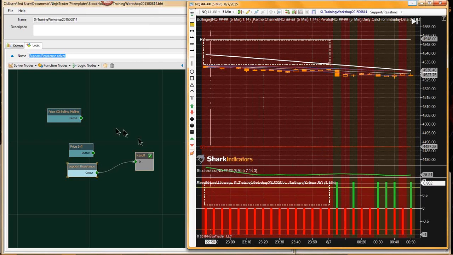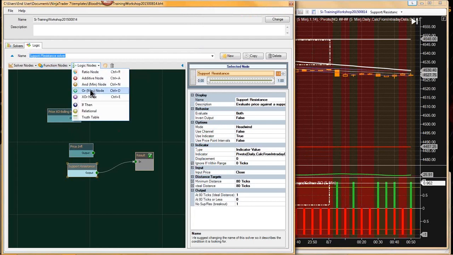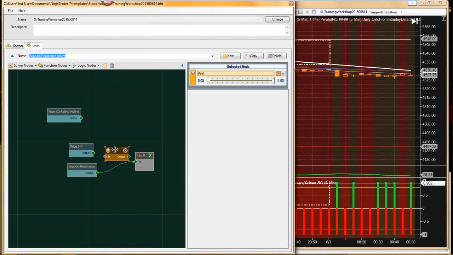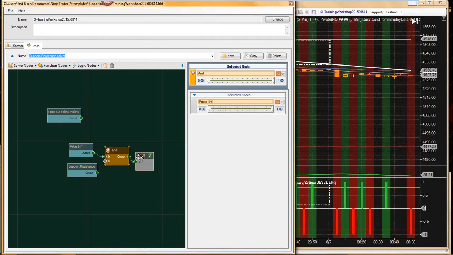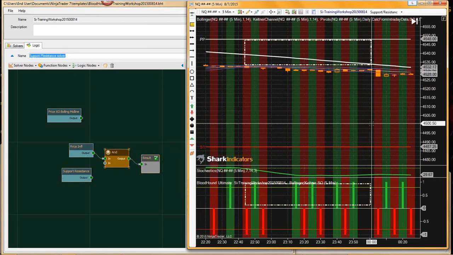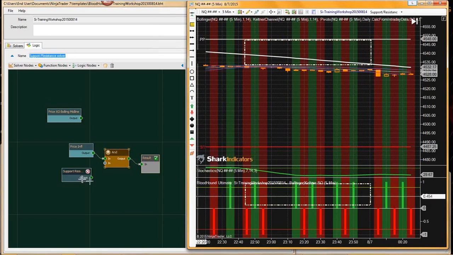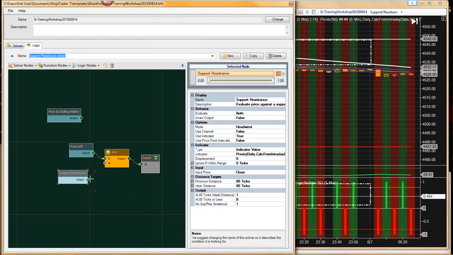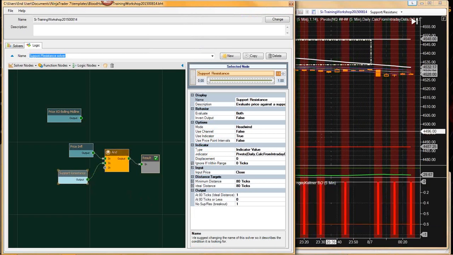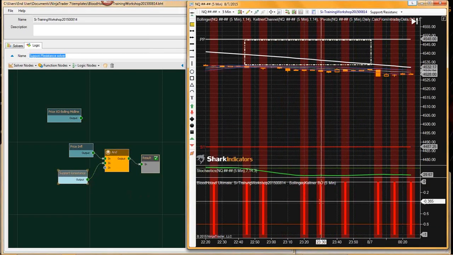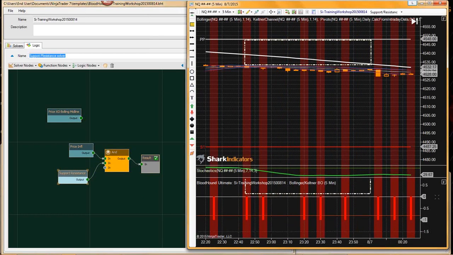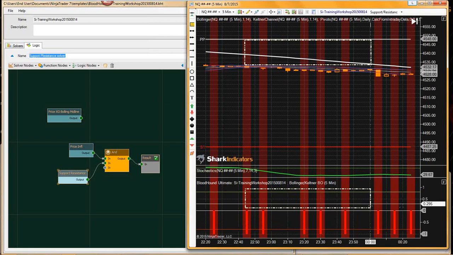So let me grab an AND node. We're looking at all of these random crazy trade signals. Now if I take my support resistance solver and plug that in, now we can see that all of the long signals have been filtered out.